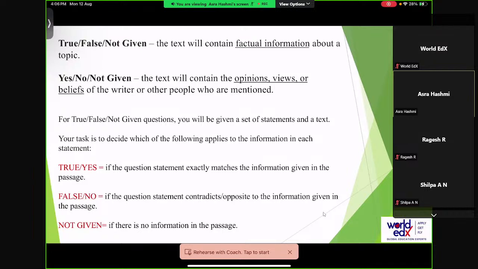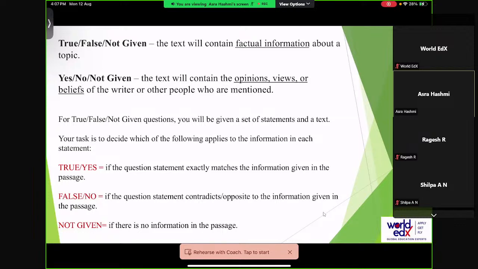For a false or no statement, it will contradict the information, or say the opposite of what the information given in the passage is. For example, if the question says come on Monday, and the passage says you may come on Tuesday, there is some slight variation.